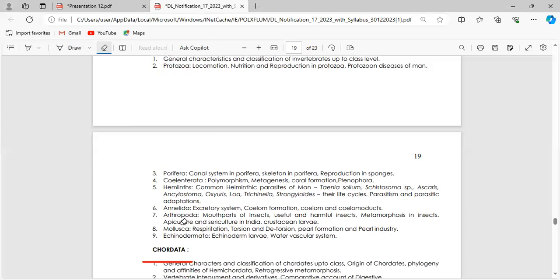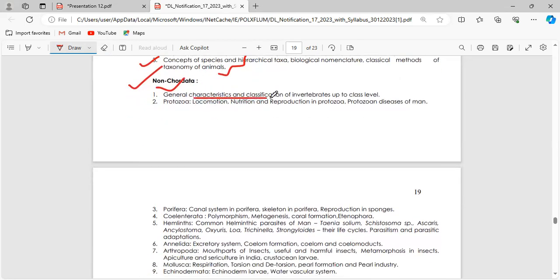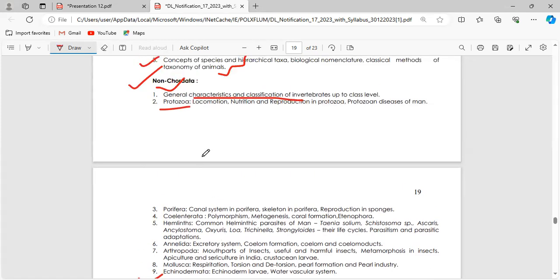After you have read the difference between non-chordata and chordata, invertebrates and non-chordata, notochord and vertebral column, you should read the general characteristics and classification of all the phyla, starting from Protozoa and ending with Echinodermata. That is the most important thing.